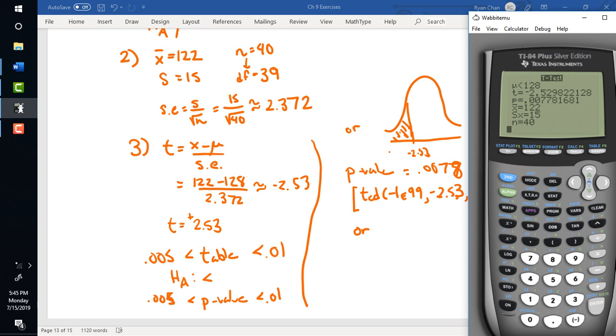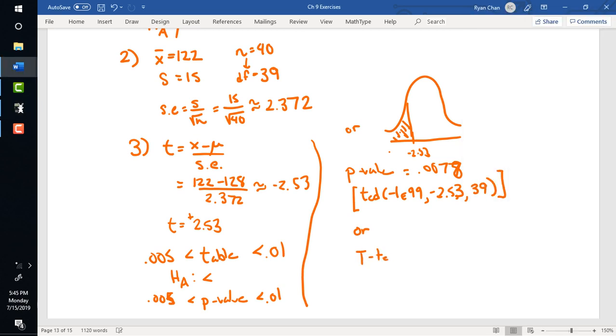And notice if you do t-test, you'll also get p equal to 0.0078, okay? And then you can write the whole screen.